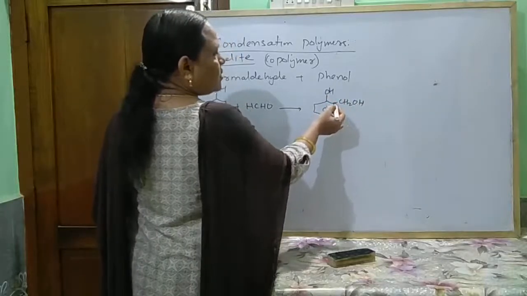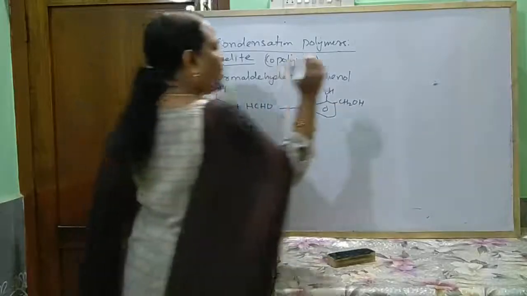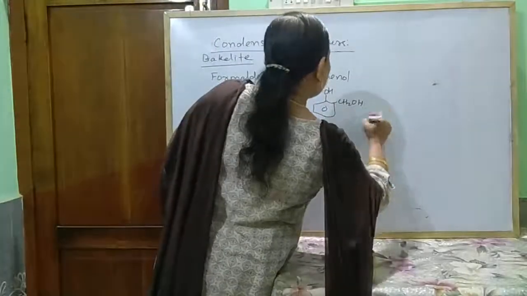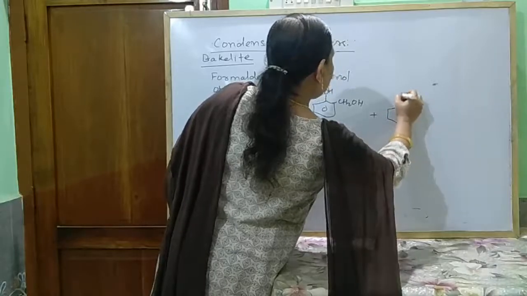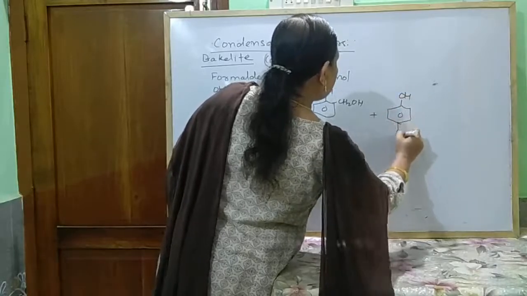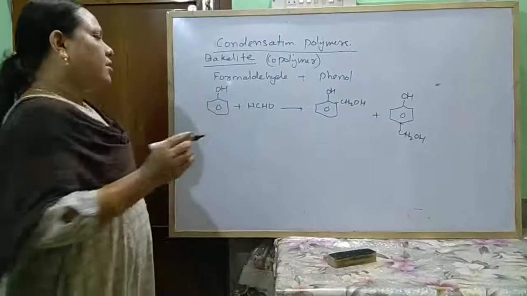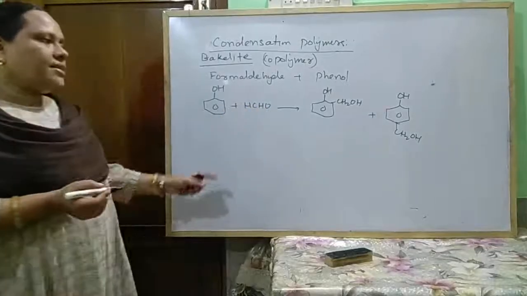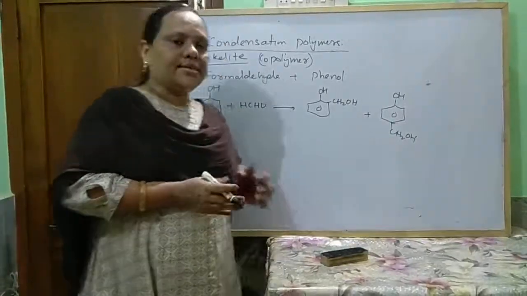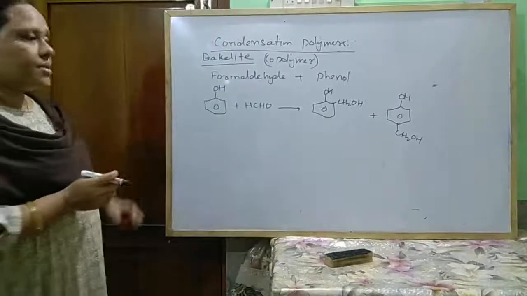So this is 2-hydroxybenzene methanol, okay, so the ortho product, and it forms a para product. It forms 2 isomers where this CH2OH group is joined. So first it forms like this, that is an orthohydroxy product and para hydroxy product.